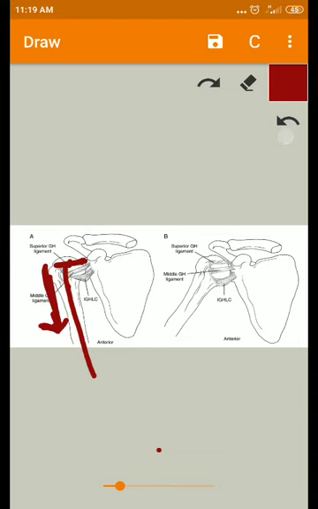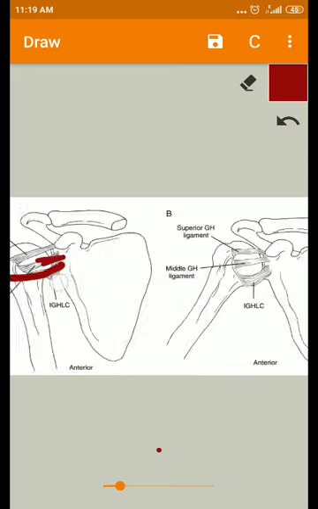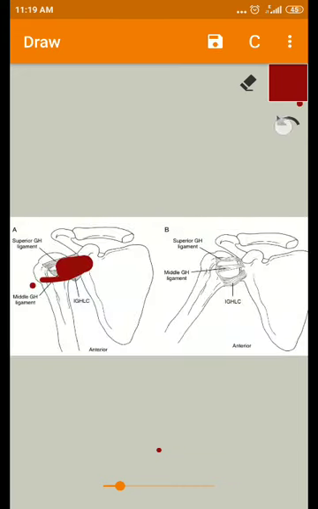Now coming to the middle glenohumeral ligament. The middle glenohumeral ligament contributes primarily to anterior stability of the joint by limiting the anterior translations of the humeral head when the arm is at the side, and also when the arm is abducted up to 60 degrees.